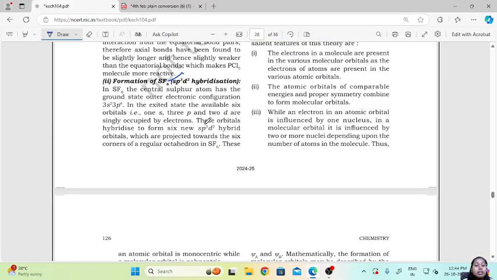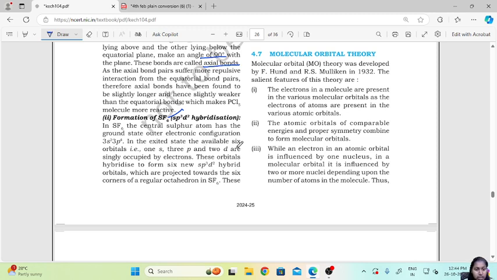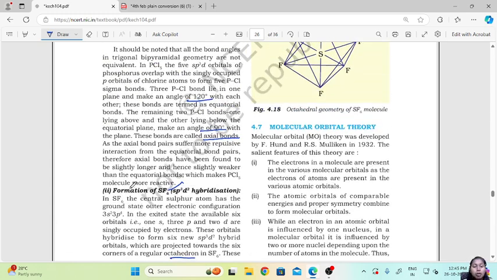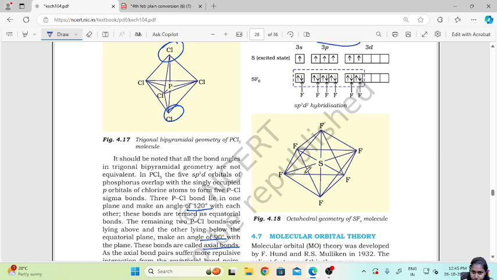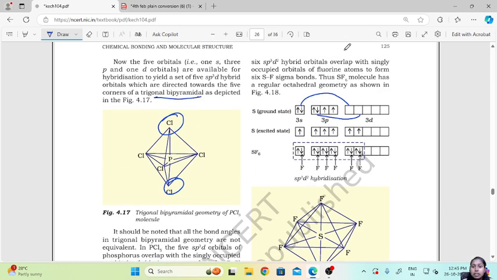Now they are balanced by the addition of 6 fluorine atoms. These hybrid orbitals form 6 new sp3d2 hybrid orbitals, which are projected towards the 6 corners of a regular octahedron. Since there are 6 hybrid orbitals, they form an octahedral structure. Now the 6 sp3d2 hybrid orbitals overlap with singly occupied orbitals of fluorine atoms to form 6 S-F sigma bonds.